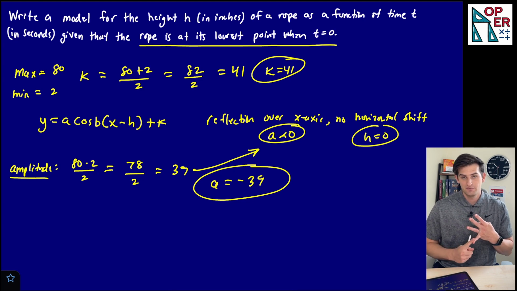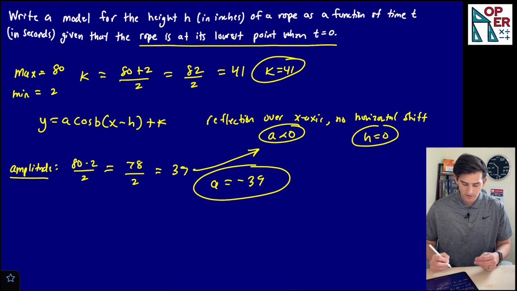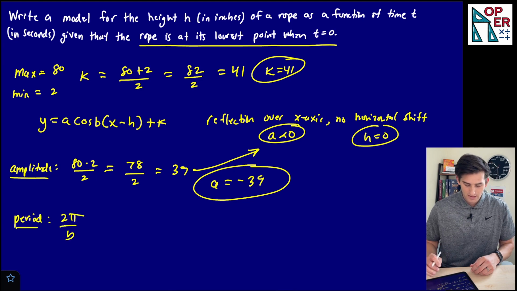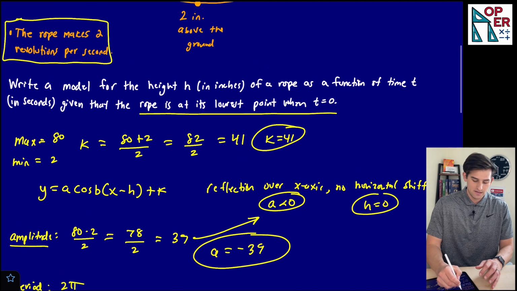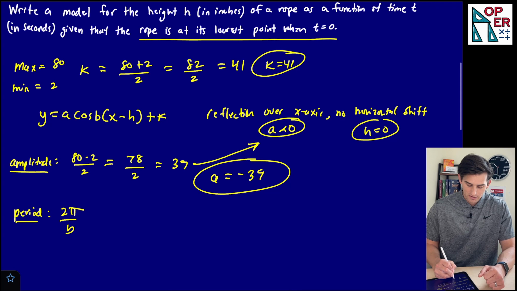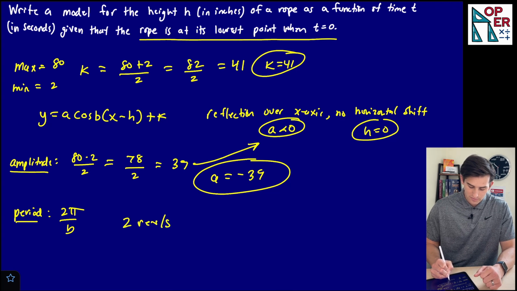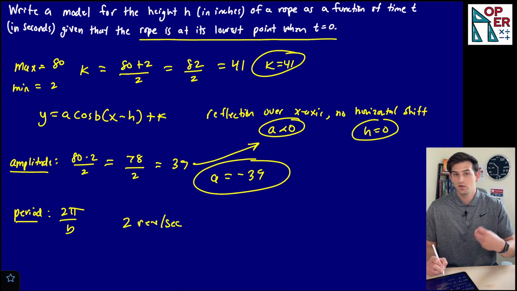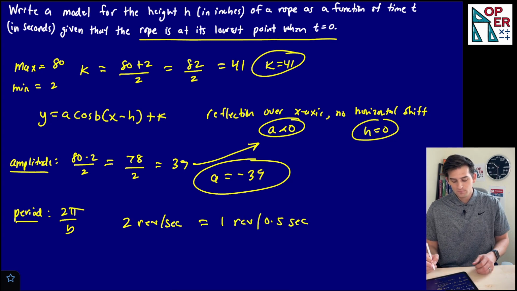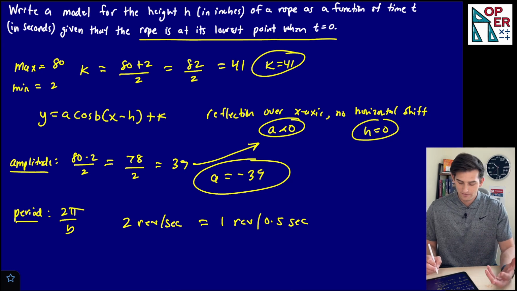All that's left is to find b. So for b, we're going to use our period to find b. So for period, we know that is 2 pi over b. And we think back to our problem, it said that the rope makes 2 revolutions per second. So if we're making 2 revolutions per second, then we would say we're making 1 revolution every 0.5 seconds. So our period in this case would be 0.5.